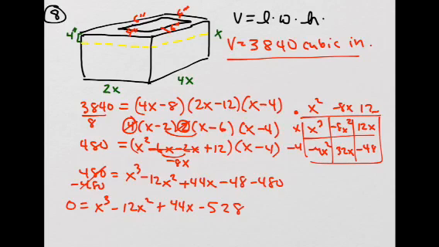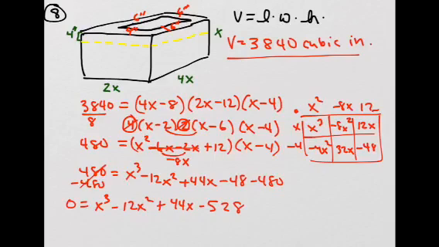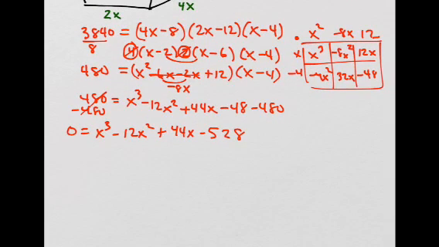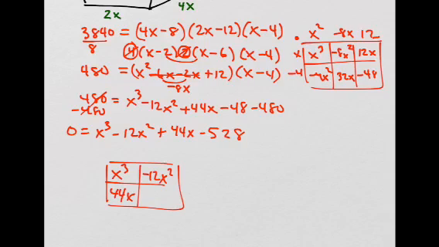528. Okay, so now we're going to factor this by grouping. So this is x cubed minus 12x squared. We're going to try this first. Remember, it might not work, but we still have to try it because this is a quick way of checking.